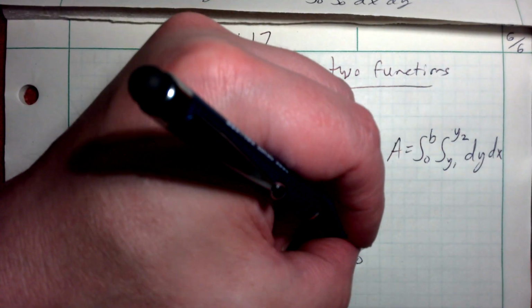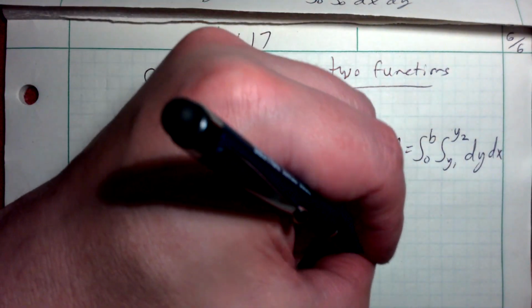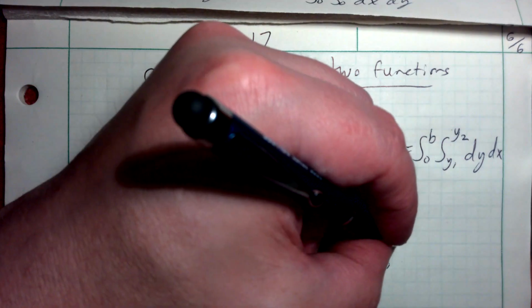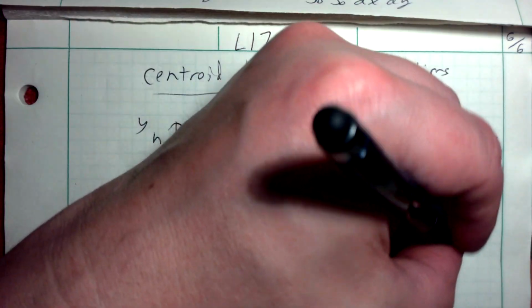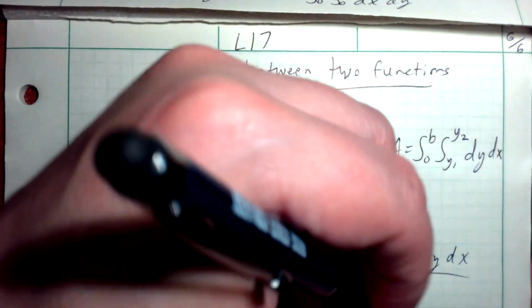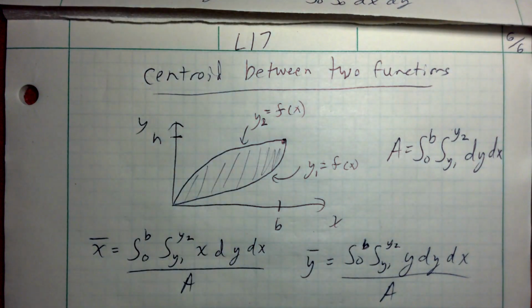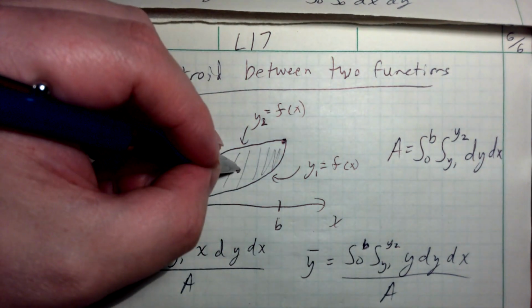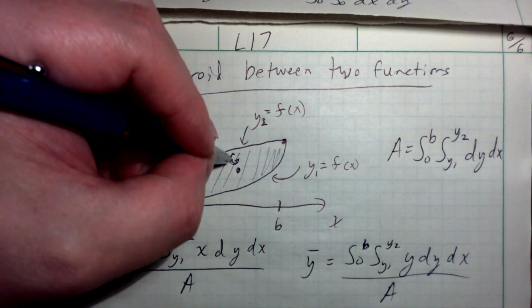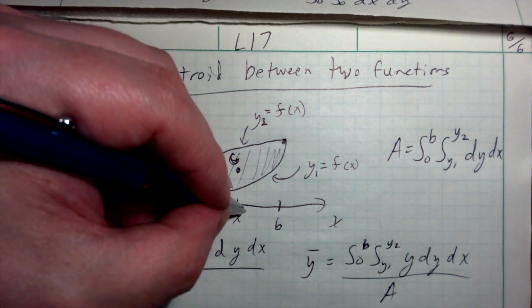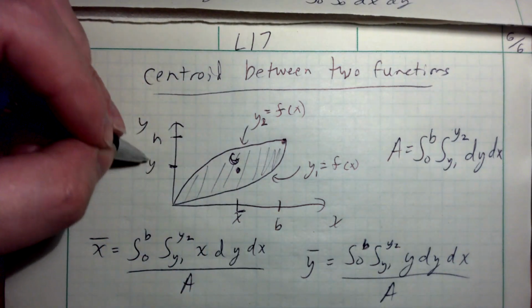From 0 to b for the x limits, y1 up to y2 for the y limits, we're going to integrate y with respect to y first, and then second with respect to x. Divide that by the total area, and that will tell you where the centroid G for this thing would be at some x bar and some y bar.